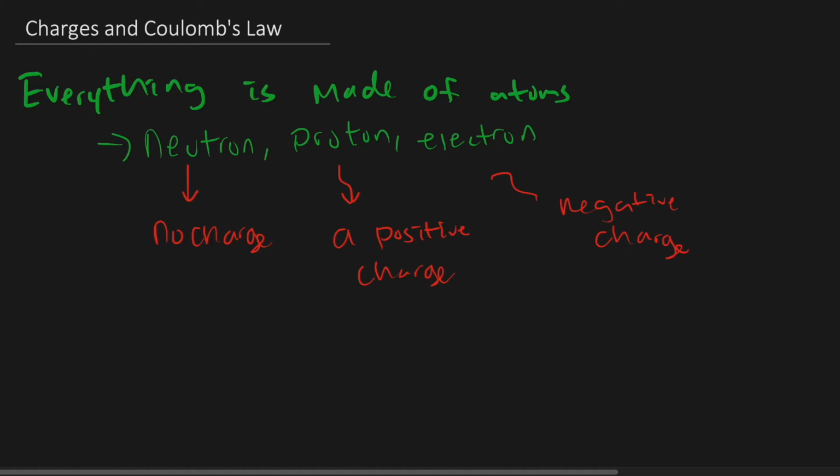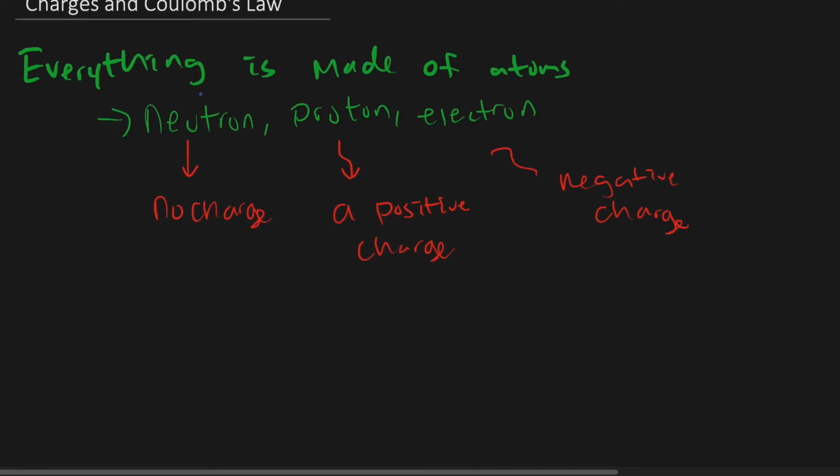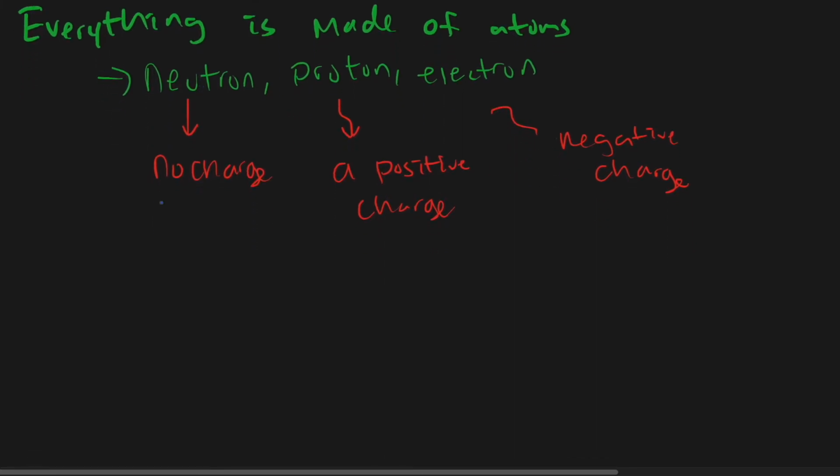When you are putting stuff with different charges together, they can either have a repulsive force or an attractive force. So we know for charges, opposite charges attract each other, and the same charges repel each other.